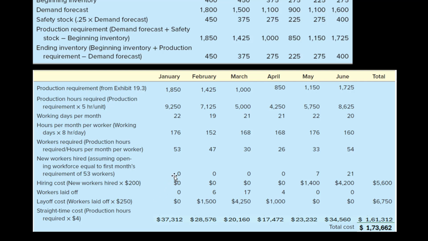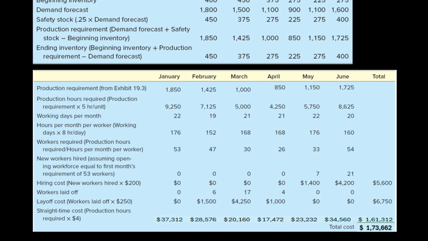So the only thing we have to do is pay these people at the rate of $4 per hour. So for 53 people into 22 days into 8 hours into 4 will give you 37,312.